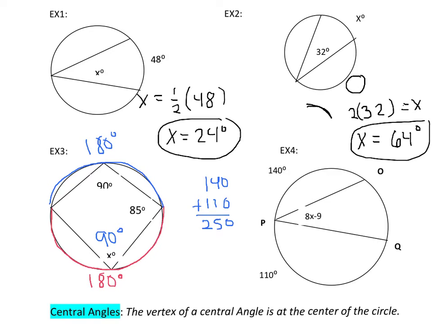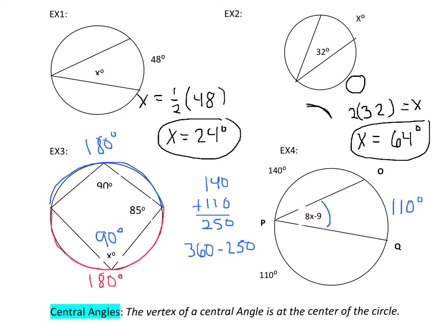And we know in a circle we have 360 degrees, so 360 minus 250 leaves 110 degrees for this arc.